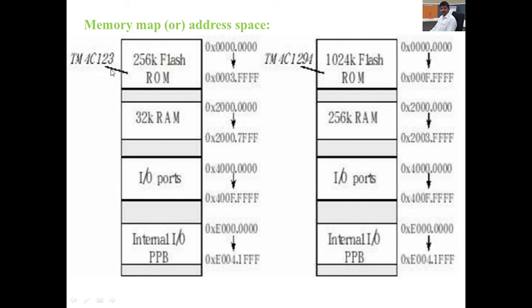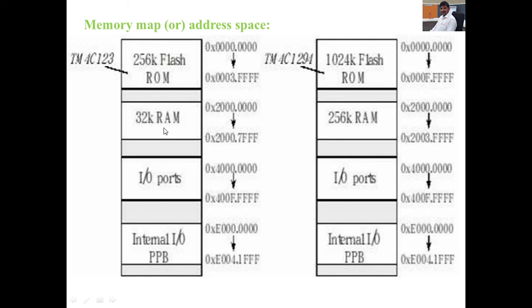First, we look at the TM4C123 microcontroller. In this, the first 256 kilobytes are reserved for flash memory, that means 0 to 3FFFF. Next, the RAM starting address is 2000 0000, so from 2000 0000 to 2000 7FFF, which is 32 kilobytes, is reserved for RAM.